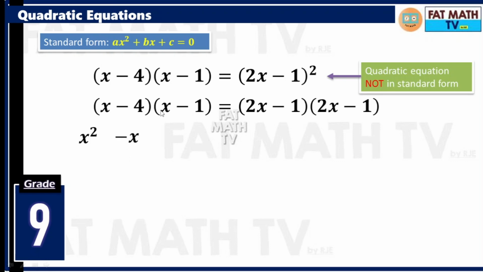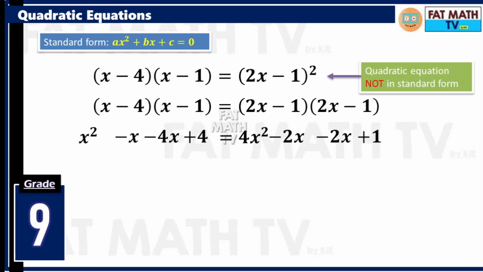Negative 4 times x is negative 4x. Negative 4 times negative 1 is positive 4. 2x times 2x is 4x squared. 2x times negative 1, that's negative 2x. Negative 1 times 2x, that's negative 2x. And negative 1 times negative 1 is positive 1.